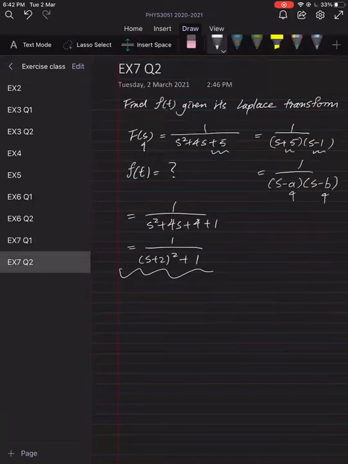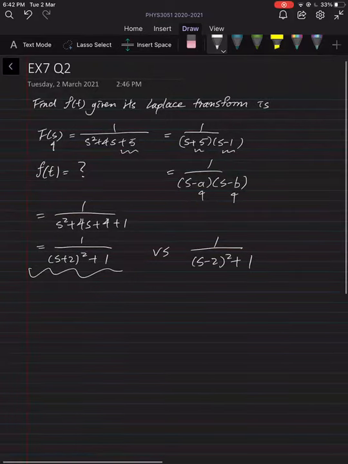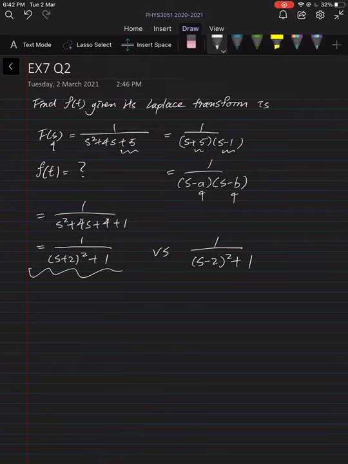And in question 2, you can see that it looks very familiar with the Laplace transform that you had in question 1. In question 1, it is s minus 2. Here you have s plus 2. So there should be some relationship. There should be e to the minus 2t times sine t. So actually f(t) should be e to the minus 2t sine t.